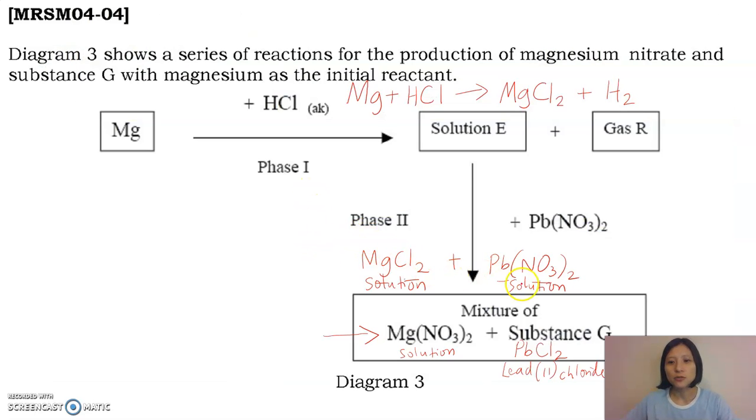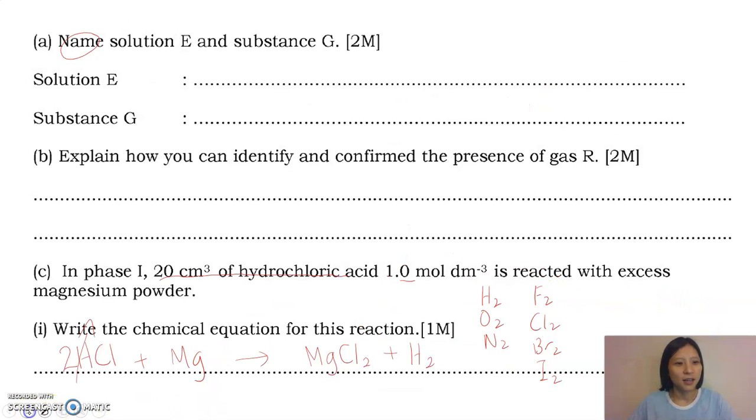If lead-2 chloride is insoluble, this is insoluble. So what reaction is this? A solution plus a solution that mixes together gives you a solution and a precipitate. This is insoluble, so this is also called a precipitate. So the answer is double decomposition. Okay, let's move on.